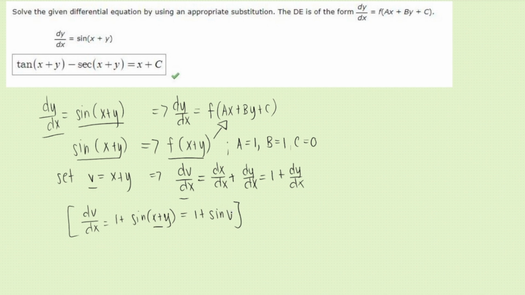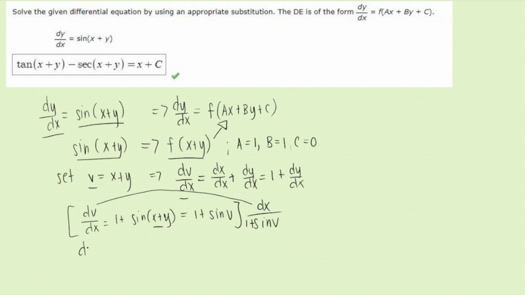I've discussed this a lot in my previous videos where separation of variables is considered. So let's multiply both sides of the equation by dx over 1 plus sine of v. Multiplying dv over dx times dx over 1 plus sine v, we cancel dx.